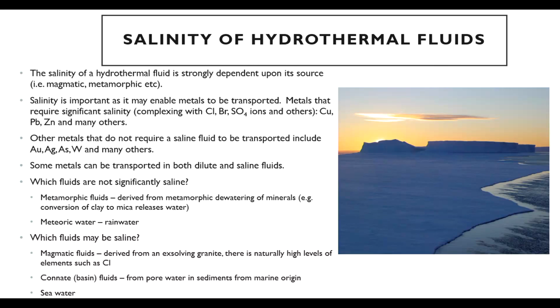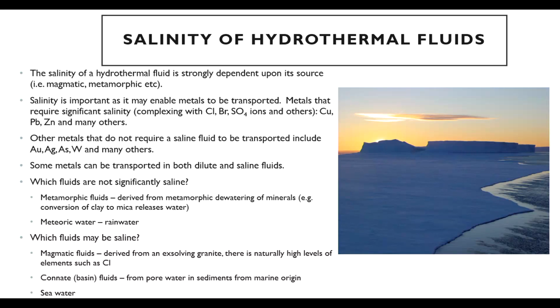So salinity, we're all fairly comfortable with what salinity is. So again, depending on the source, certain elements require significantly saline fluids because they complex with things like chloride, bromine, etc. So copper, lead, zinc are common ones.